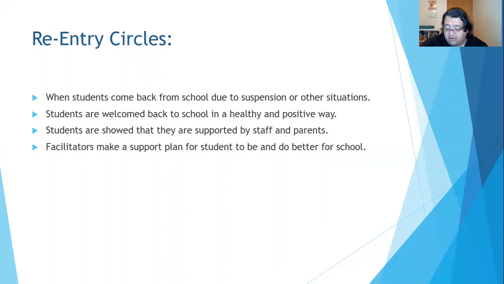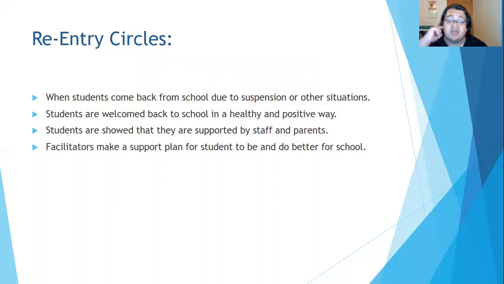This is after, let's say, the student gets suspended, right? This is a re-entry circle. This is when students come back to school due to suspension or other situations. Other situations can be that they've had issues at home, then they didn't come back for 2 months because something was going on, or they were incarcerated.